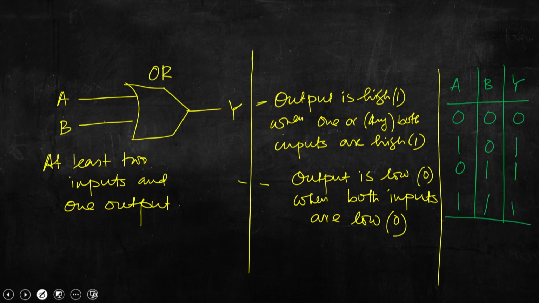Now, we have the NOT gate, that is the last one. Symbolically it is shown like this. So, this is A, right.